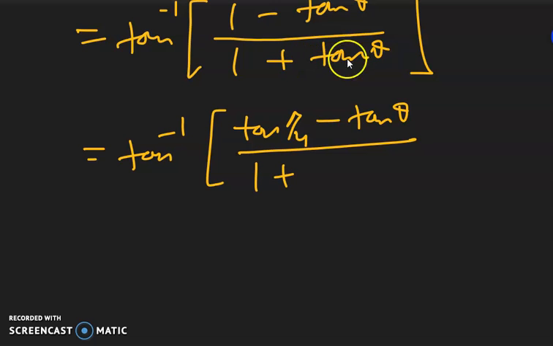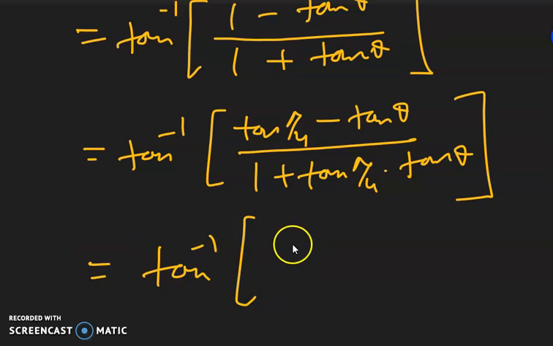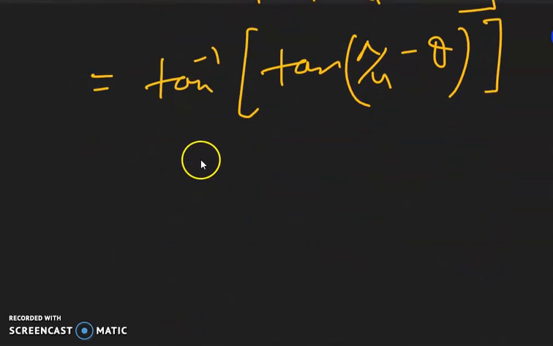In place of 1 I am writing tan pi by 4, and 1 into tan theta. Obviously this is the formula of tan A minus B, so which is tan inverse tan of pi by 4 minus theta.